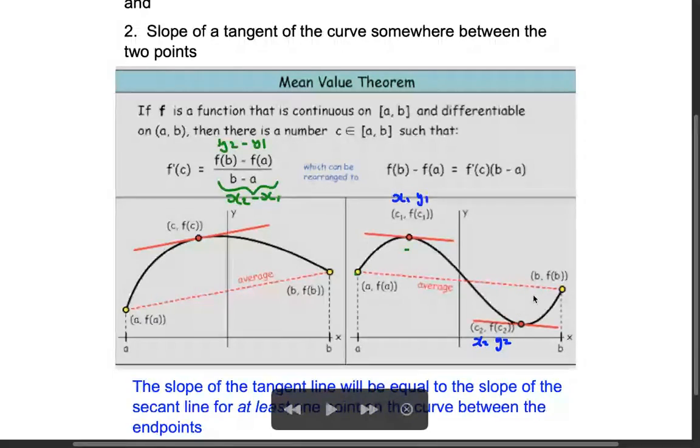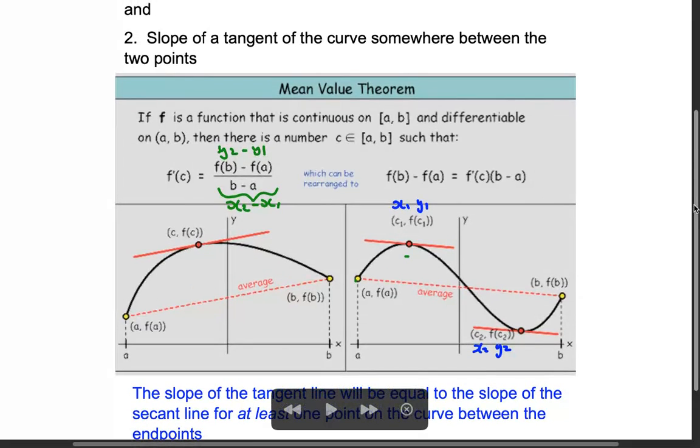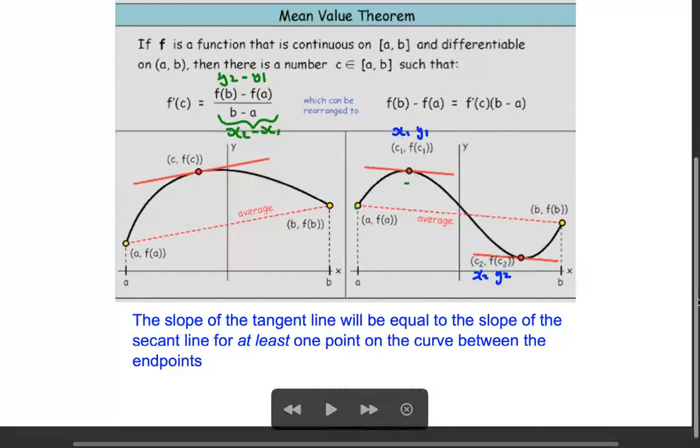The idea with the mean value theorem is that it allows us to find these values of c that have that property, such that the tangent through them has the same slope as the secant line that connects the endpoints. So that is what we are going to do. We are going to apply the mean value theorem.